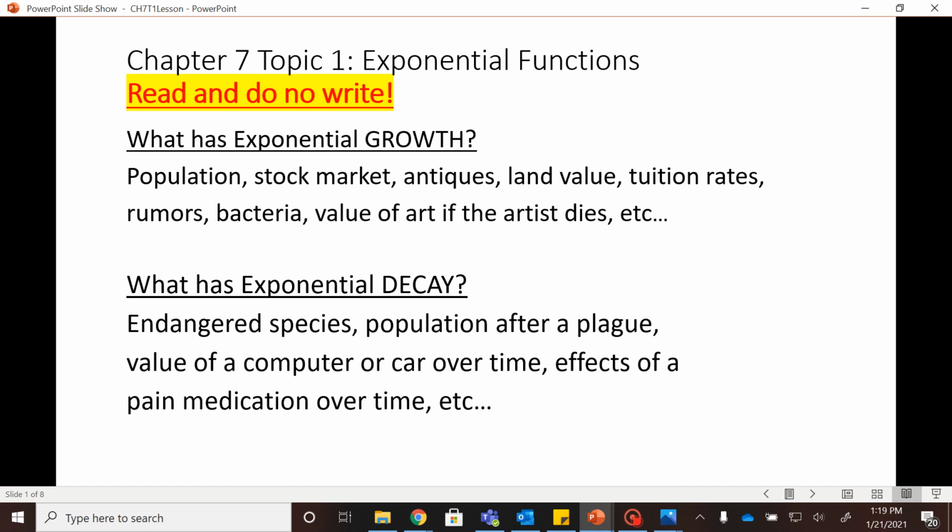Exponential change, growth or decay, usually has a rate attached to it, so usually a percentage. So anything that's growing or decreasing at a percentage is exponential.